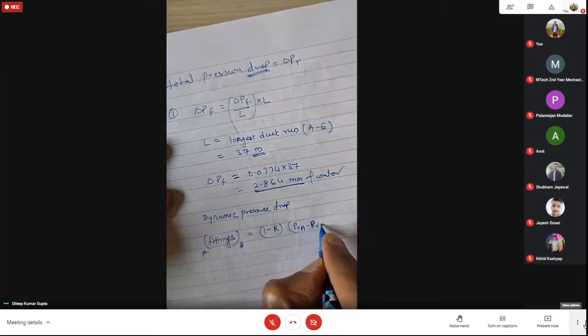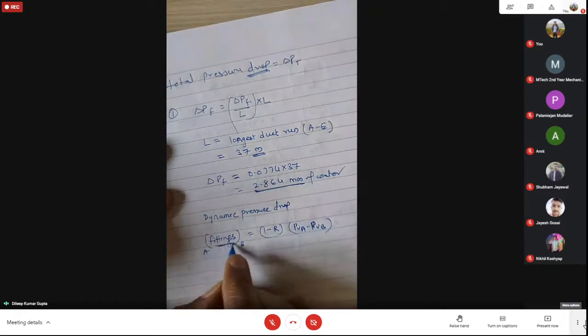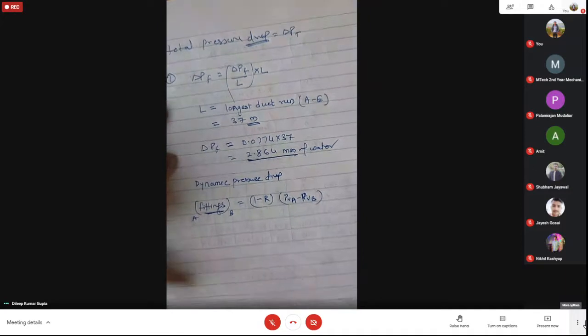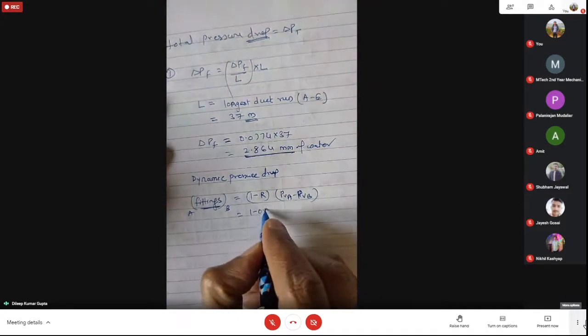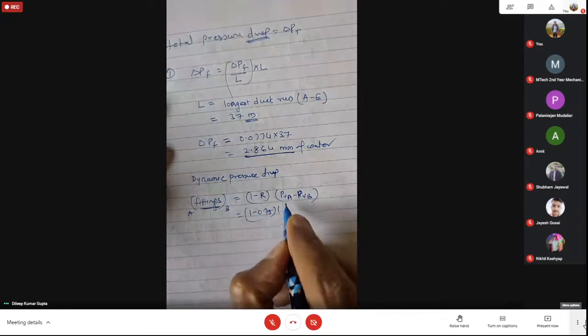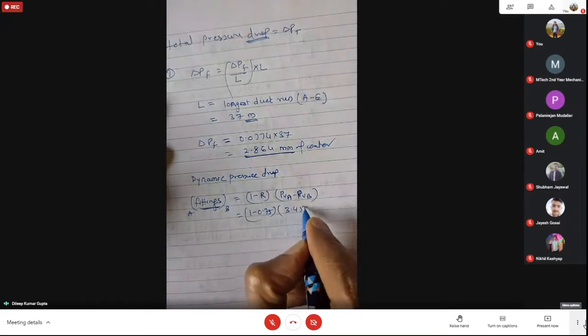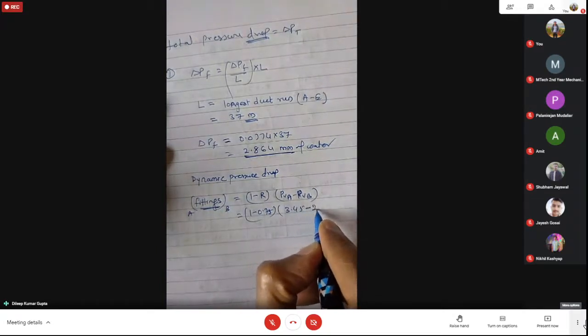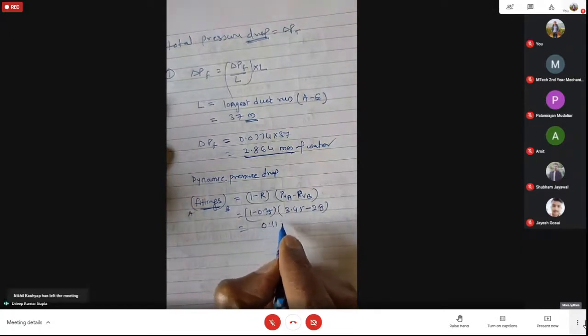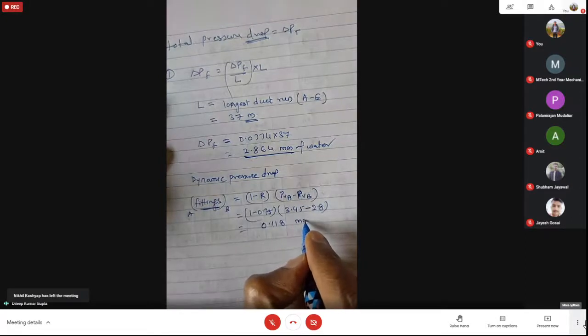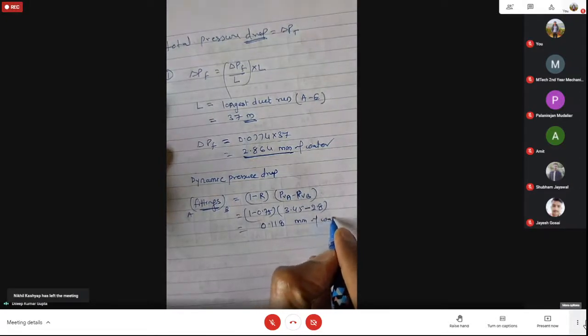This will be the loss of pressure drop due to the fitting between A to B. So it is given as 1 minus 0.75, and this value is 3.45, which we got from the table, and this is 2.8. So we'll get the value equal to 0.118 here, and this will again be in water.